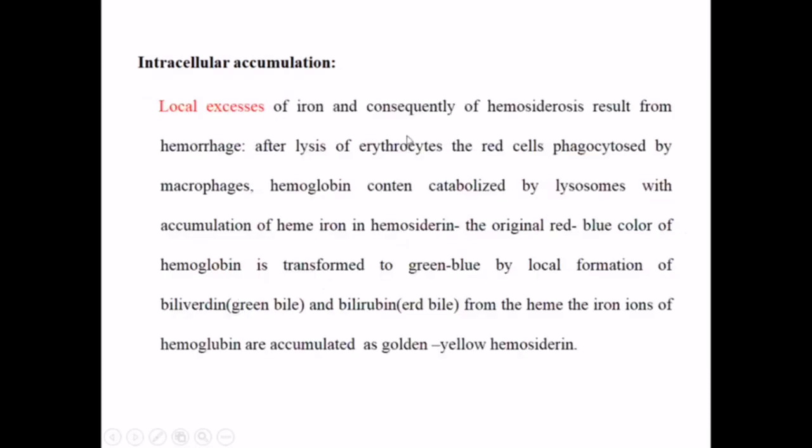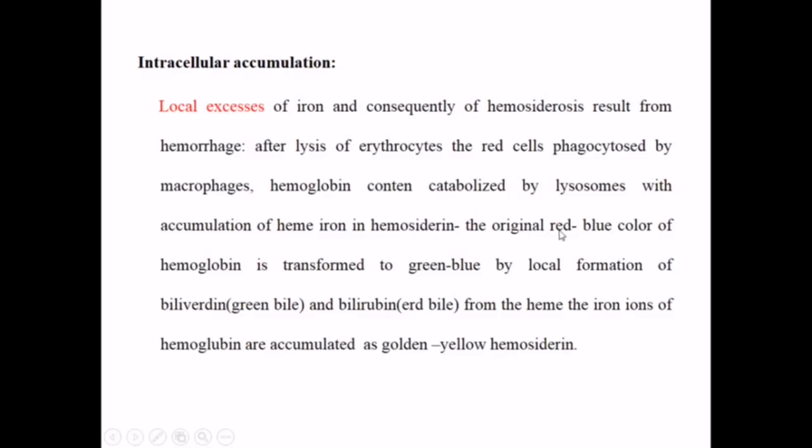The local excess of iron, hemosiderosis, results from hemorrhage after lysis of erythrocytes. The red cells are phagocytosed by macrophages and the hemoglobin is catabolized by lysosomes, and then heme iron accumulates as hemosiderin.